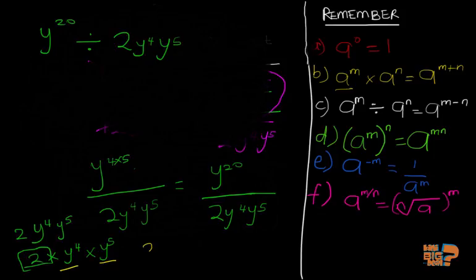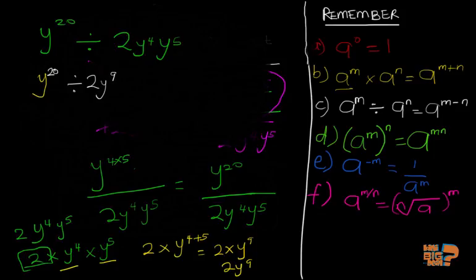So this becomes 2 times y raised to power 4 plus 5, which is the same thing as 2 times y raised to power 9, which is the same thing as 2y raised to power 9. So you can rewrite this expression as y raised to power 20 divided by 2y raised to power 9.